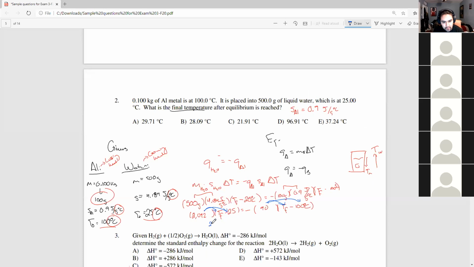So here I have 2092 TF minus, I don't know what that number is. And then I have negative 90 TF plus, and I don't know what that number is. The first one would be negative 5,200. No, 52,300. There you go. Thank you.